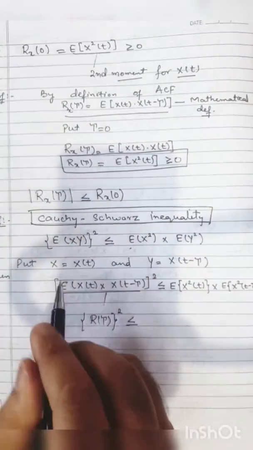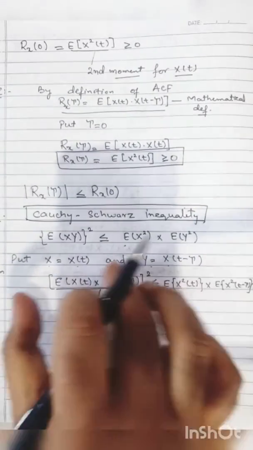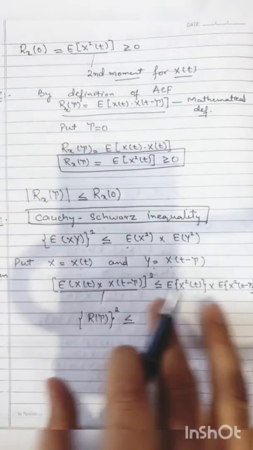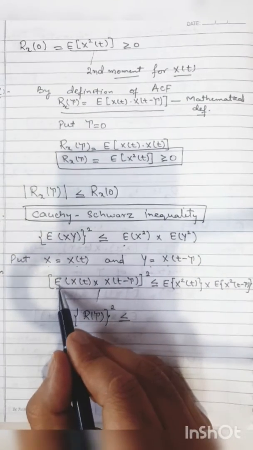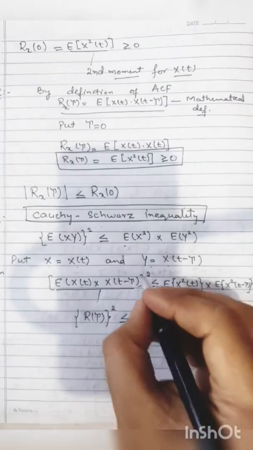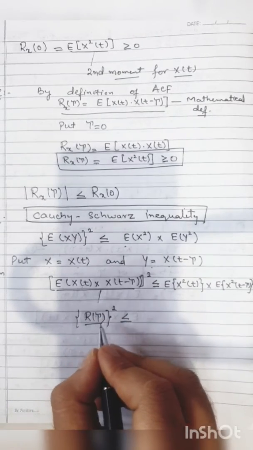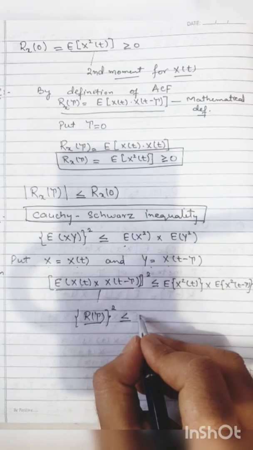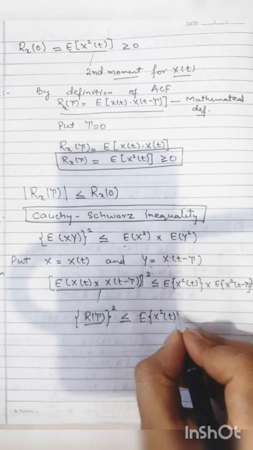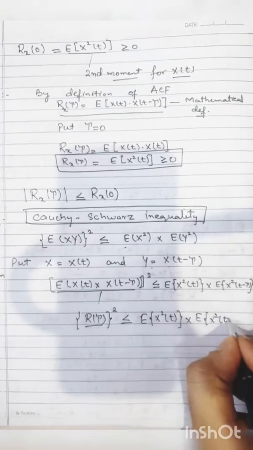We put X equal to X(t), Y equal to X(t minus tau), then put the values of X and Y in the above inequality. Since the expectation of X(t) into X(t minus tau) is nothing but your autocorrelation function, I have written that R(tau) whole squared is always less than or equal to E[X squared(t)] into E[X squared(t)].